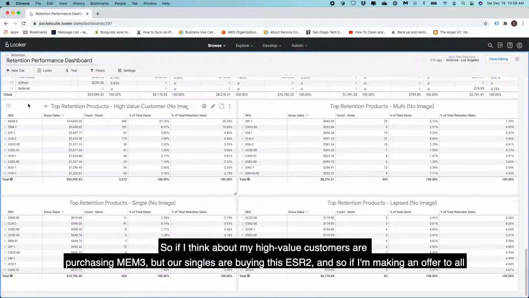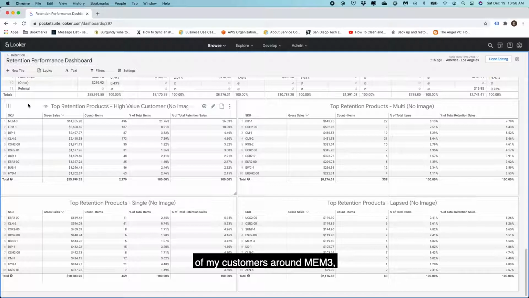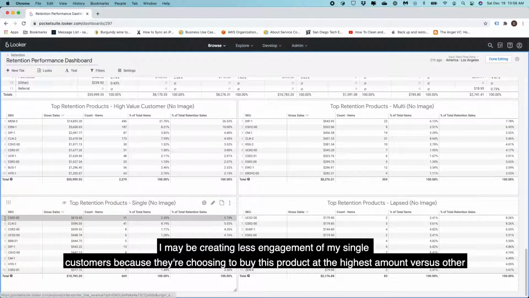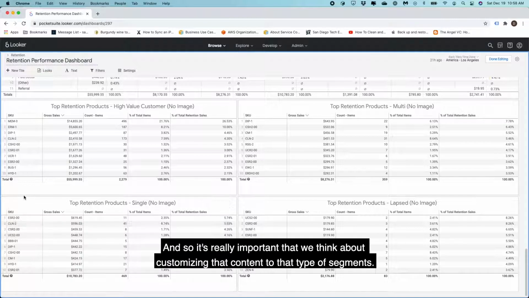And so if I'm making an offer to all of my customers around a MEM3, I may be creating less engagement of my single customers because they're choosing to buy this product at the highest amount versus other products. And so it's really important that we think about customizing that content to that type of segment.